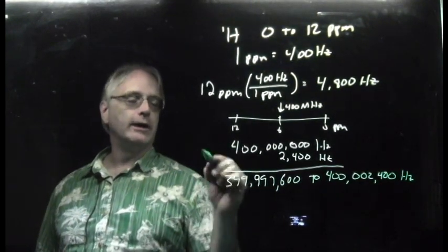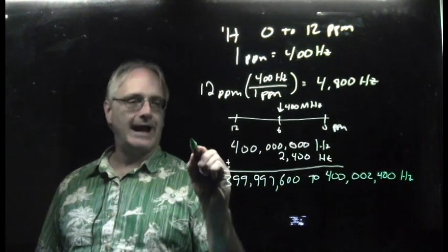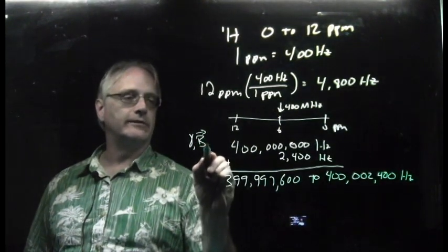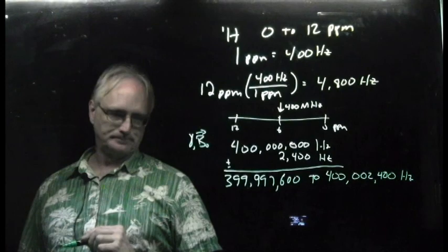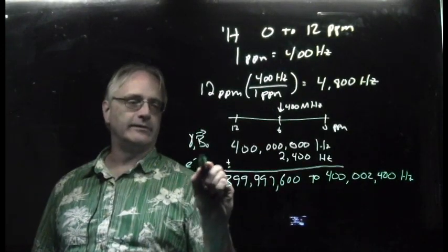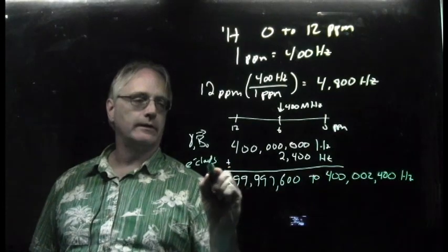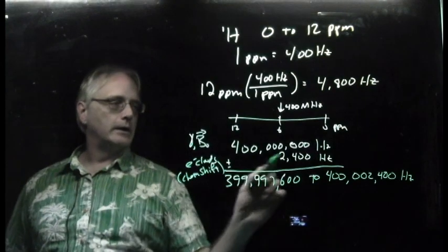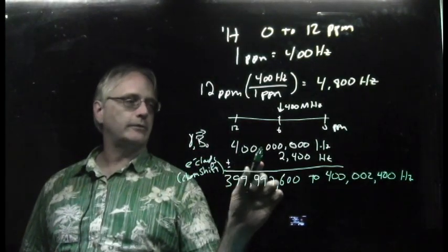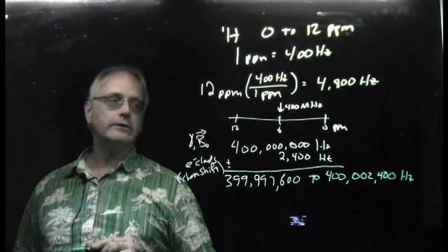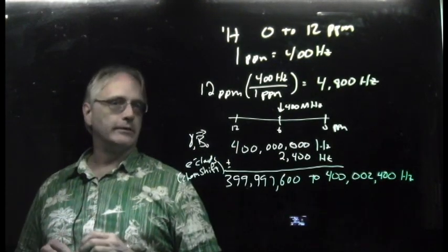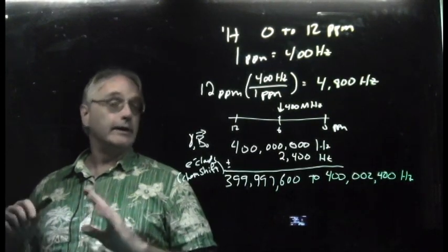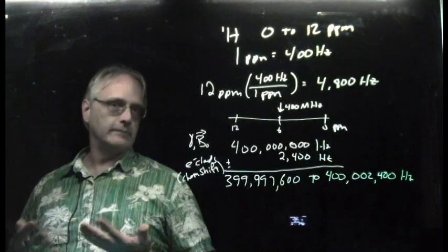This 400 megahertz, this 400 million, that is the influence of the magnetogyric ratio. That is the influence of the big magnetic field. This is the influence of the electron clouds, the chemical shift. That effect is 6 orders of magnitude weaker than the base frequency at 400 megahertz. And so back when we were talking about magnetic nuclei, I said all protons are the same as all protons on our magnet.